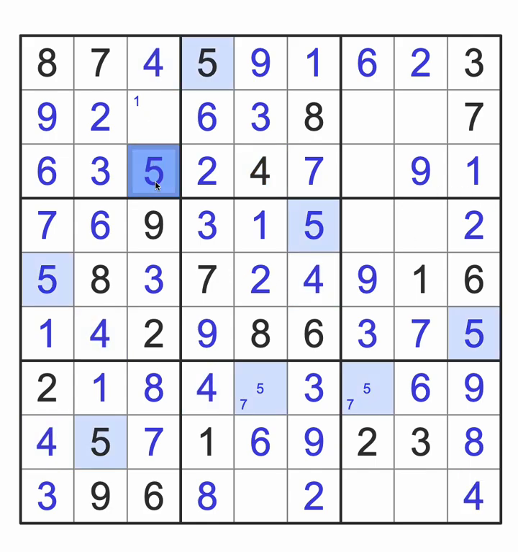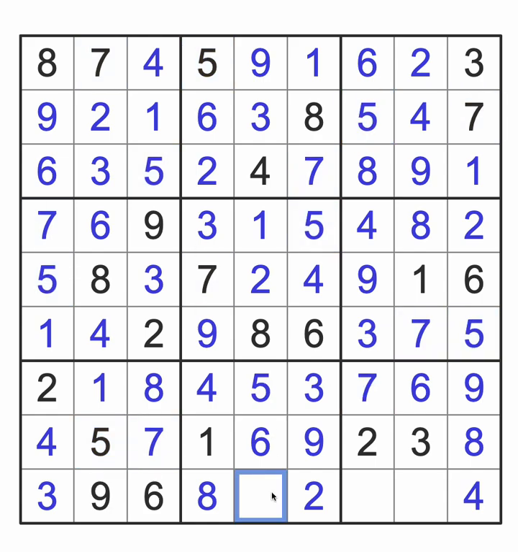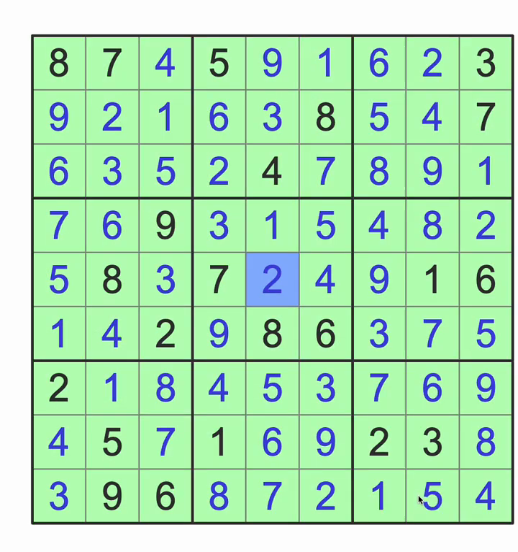This one gives me 5 and 1, and the last number here is 8, which blocks this cell. Gives me 8, 4, 4 and 5 and 7 and 5 and 7, 1 and 5.